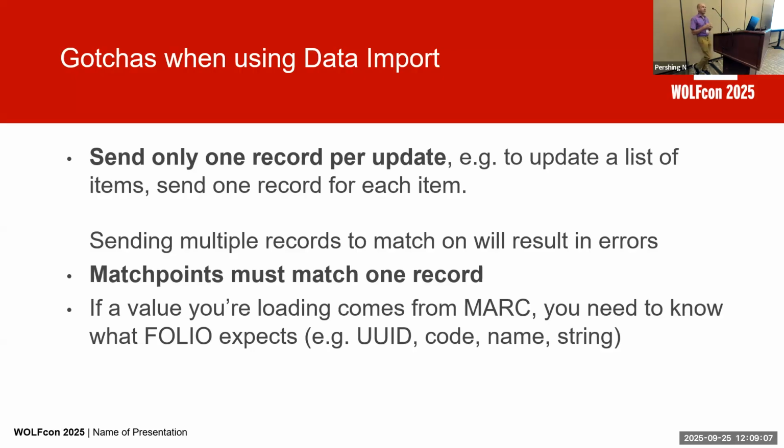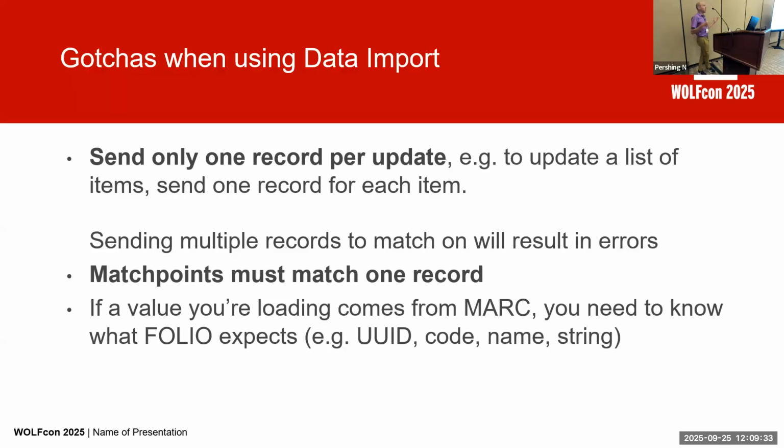So, for example, if the way you generated your list was you output a bunch of bibs with embedded items, you could have one item in there, you could have 10, you cannot load the 10 items that are in there together. You need to create one record for each one.